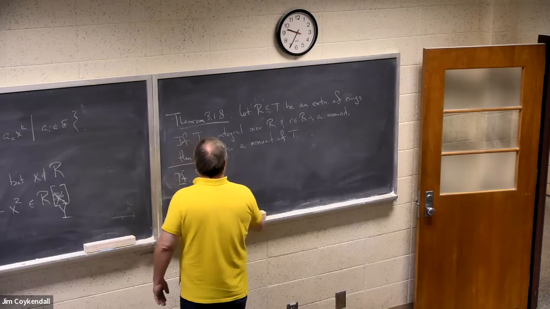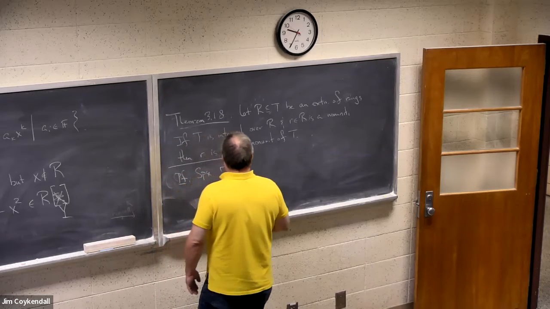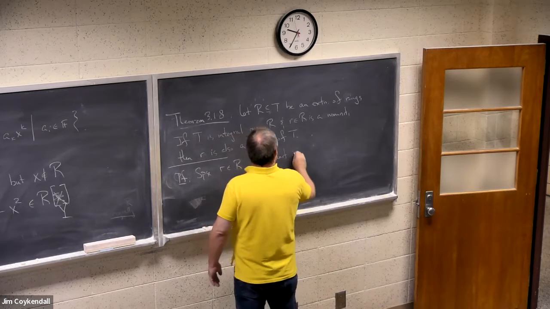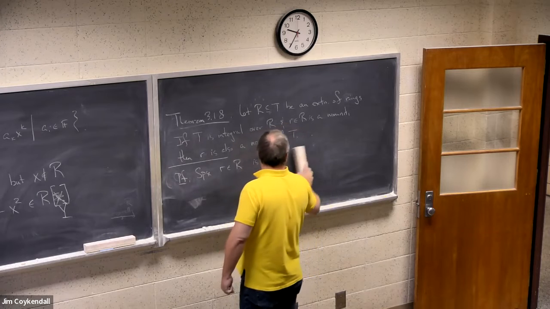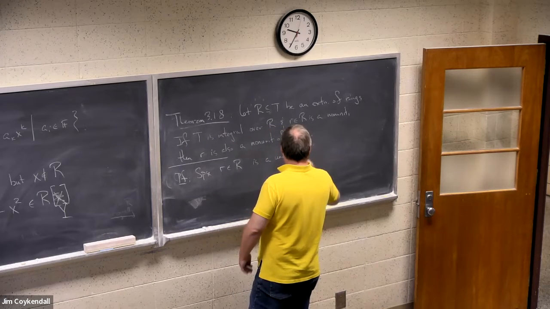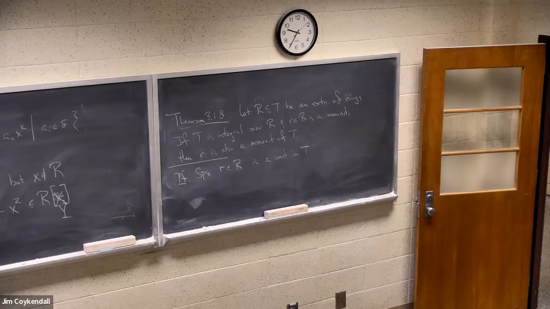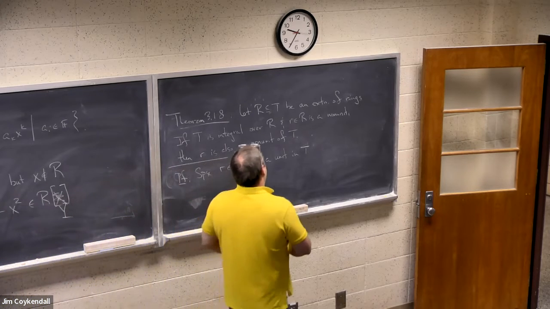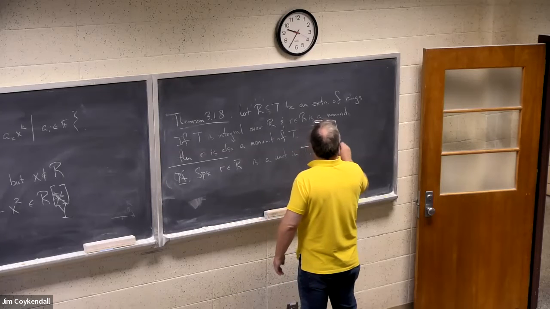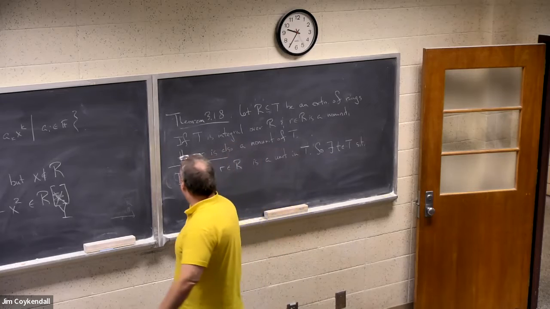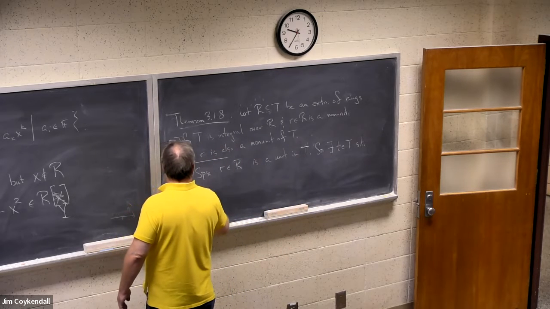Suppose r in R is a unit in T. So what does this mean? There exists a t in T such that rt equals 1.